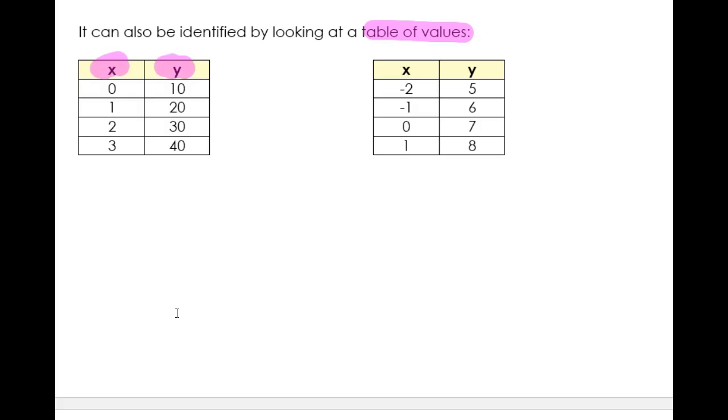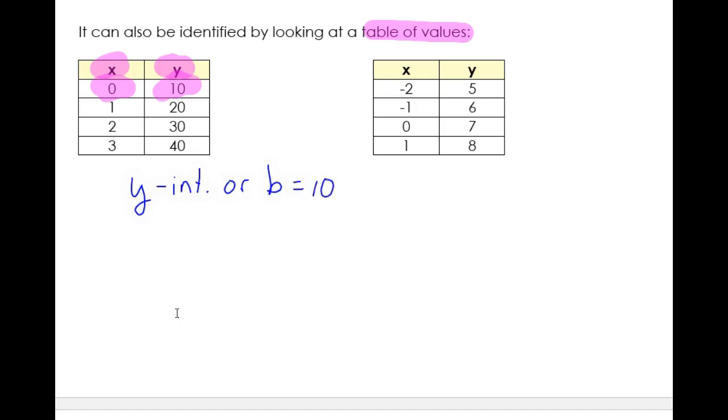So in this first table here, I can see that my x value is 0 when y is 10. So that tells me that my Y-intercept, or B, is 10.